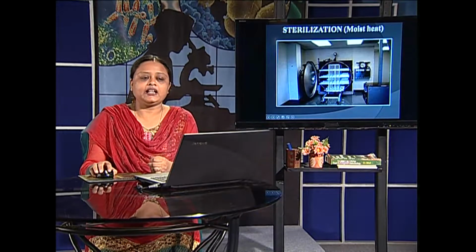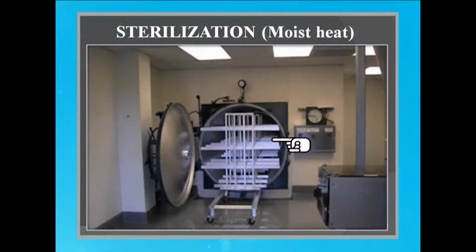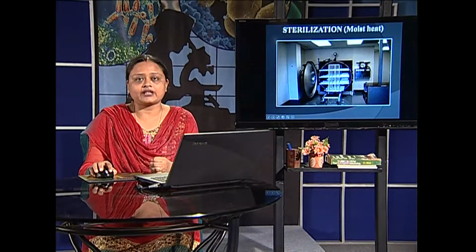Here we can see a chamber wherein moist heat sterilization is possible, and several requirements of the bioreactor, maybe on the huge scale, can all be sterilized at a time in this huge autoclave, as we call it, where the principle of sterilization, that is killing of microorganisms, depends on the use of 121 degrees centigrade temperature at 15 pounds per square inch pressure.